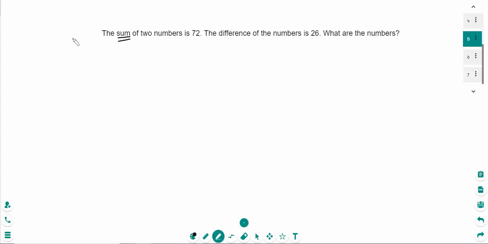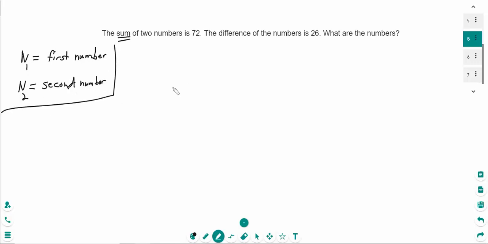So we're talking about numbers here. So we're just going to call them N sub 1, the first number, and N sub 2, the second number. Okay, so there's our variables, N sub 1 and N sub 2.